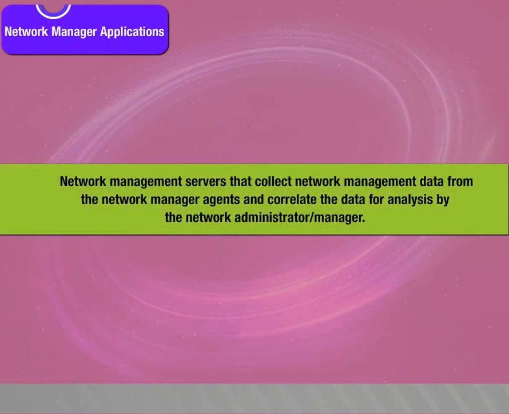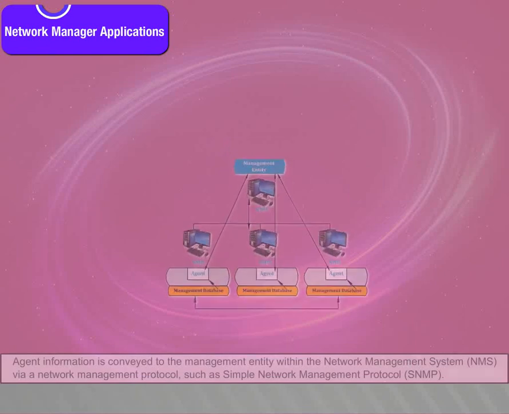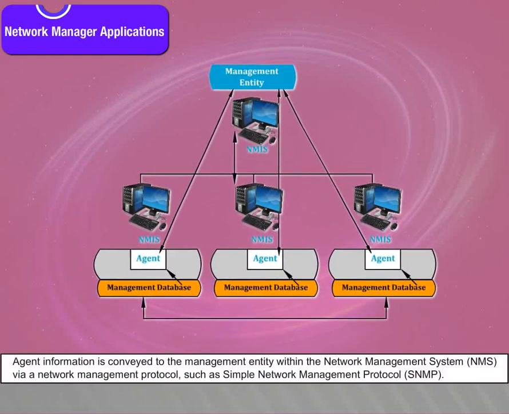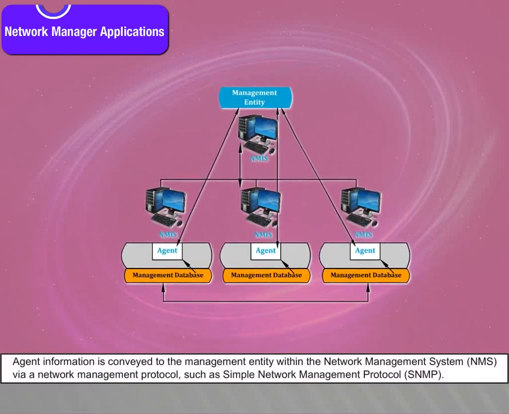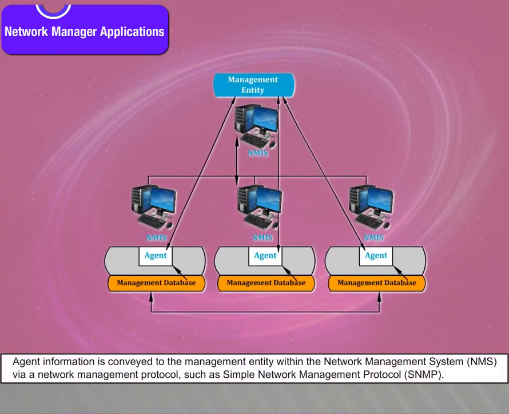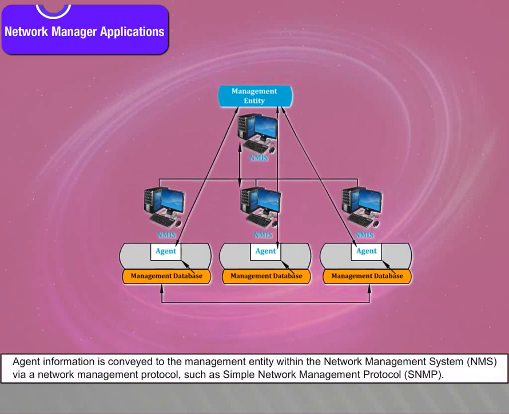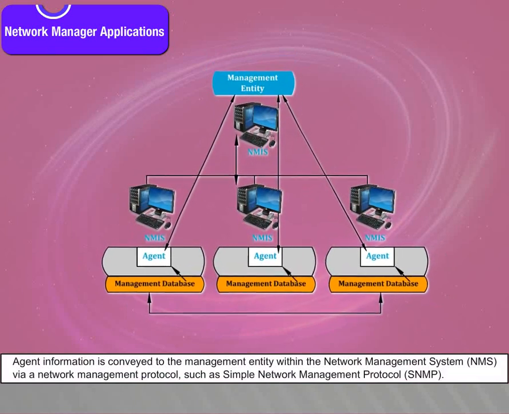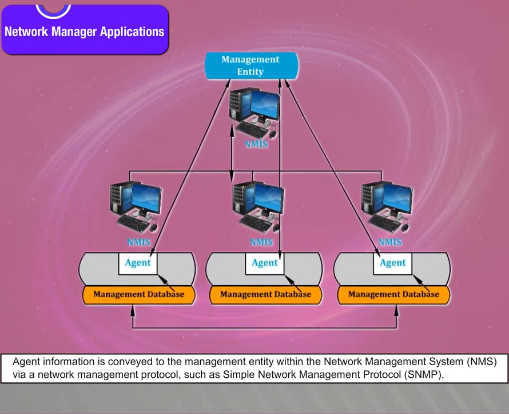Network manager applications are network management servers that collect network management data from the network manager agents and correlate the data for analysis by the network administrator or manager. Agent information is conveyed to the management entity within the network management system (NMS) via a network management protocol such as Simple Network Management Protocol (SNMP).